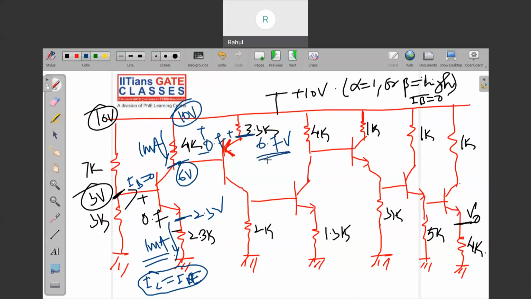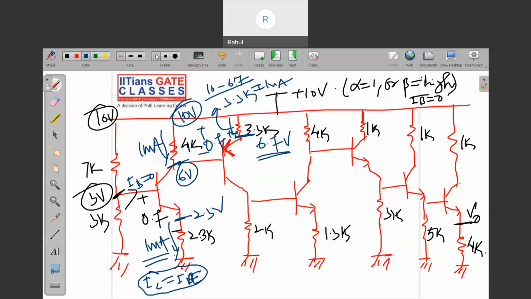If you were moving from plus to minus, you would be going down, but moving from minus to plus the voltage increases. So you can find the current here: 10 minus 6.7 upon 3.3K, that is 1 milliampere only.